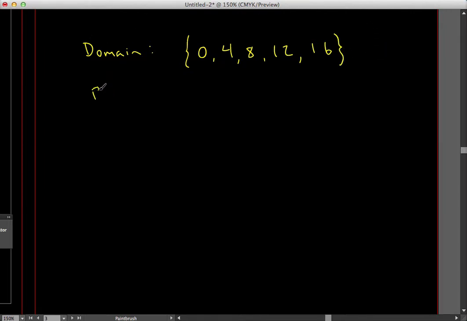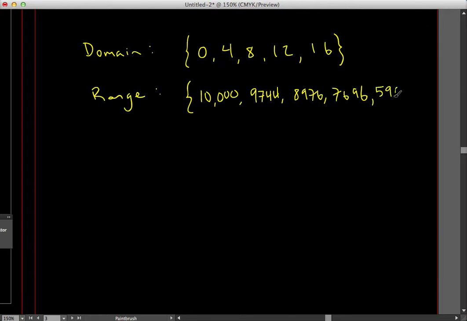And then our range is indicated by the heights that corresponded with these domain values. We're going to start a set, and this is going to be 10,000, 9,744, 8,976, 7,696, and 5,904, closed set.